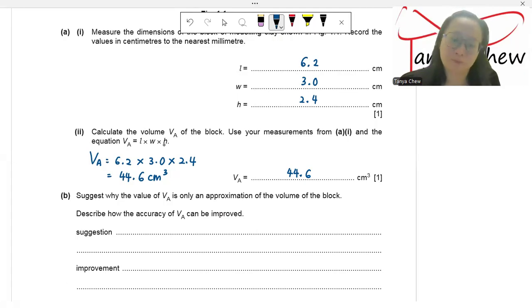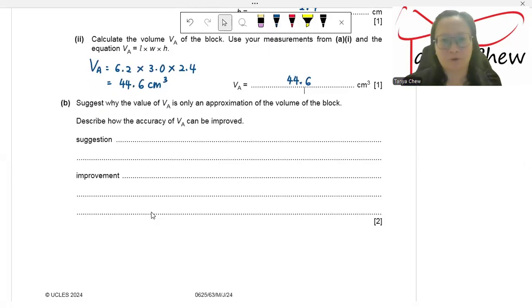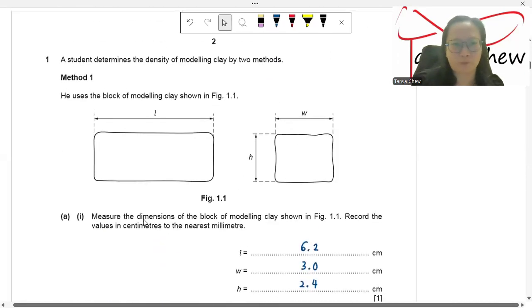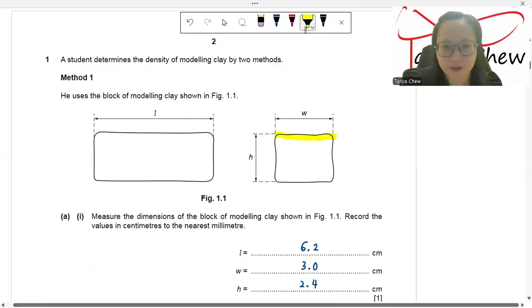It's not a problem. Now B, suggest why the value of VA is only an approximation of the volume of the block. Describe how the accuracy of VA can be improved. When you look at Fig 1.1, you could see that W is a bit crooked because the edges are not fixed.